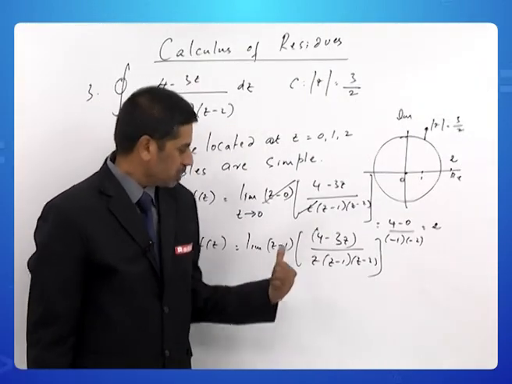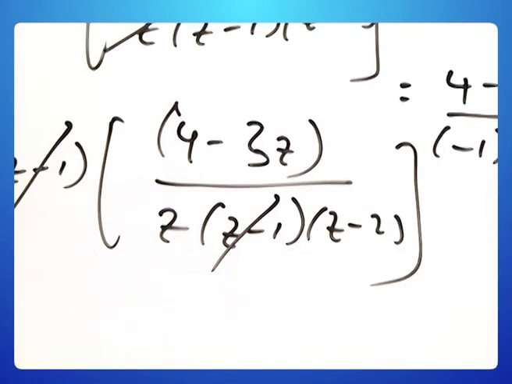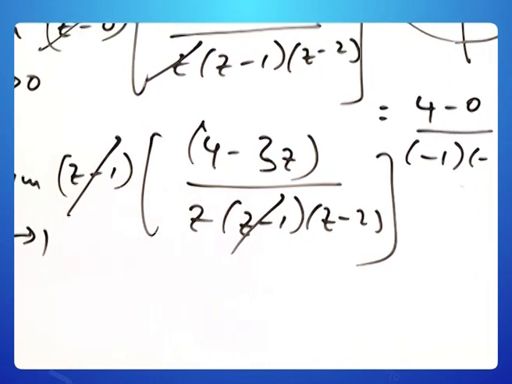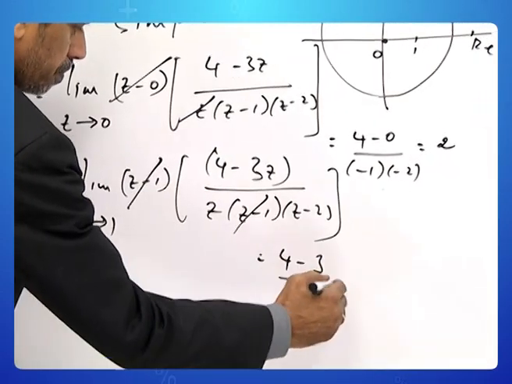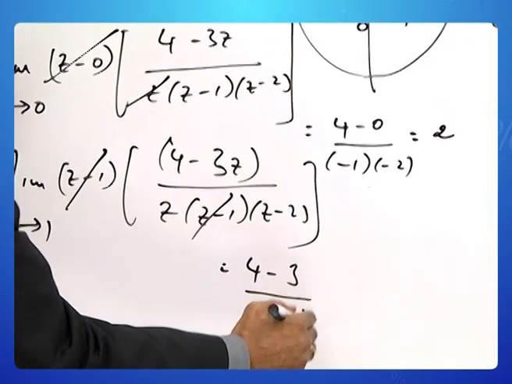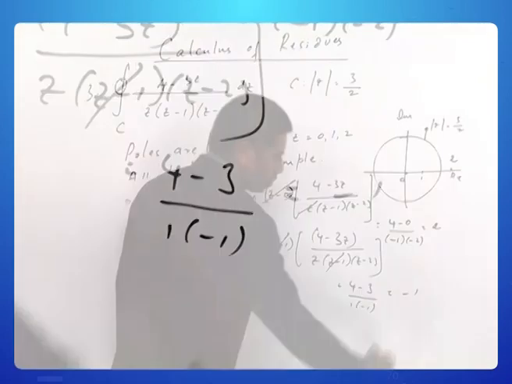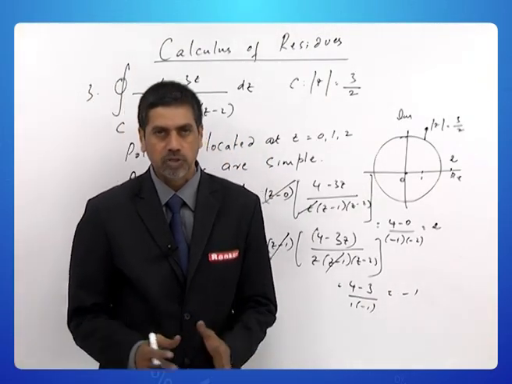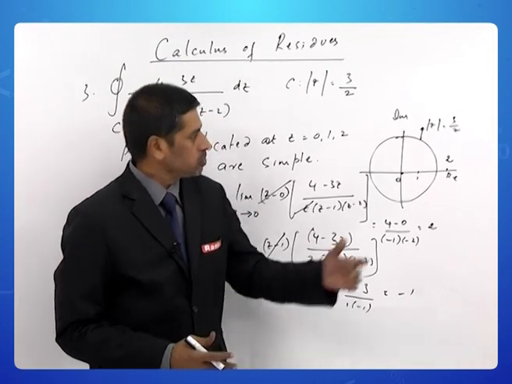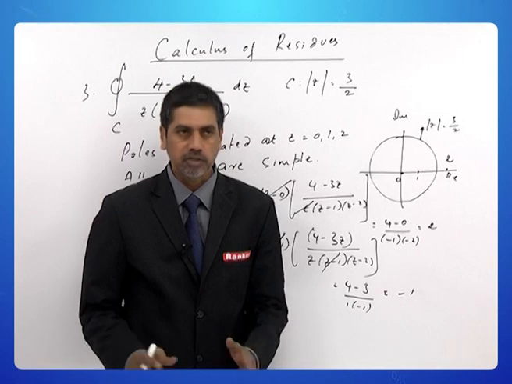So now you make the cancellation again and then substitute z is equal to 1. So you get 4 minus 3 by 1 into minus 1. So that makes it minus 1. In that way, we have both the residues calculated. As I told you, z is equal to 2 lies outside the contour, therefore we don't require any residue calculation.